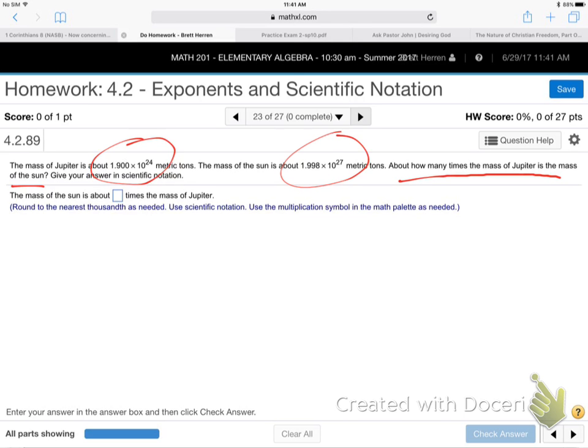Well, how do I do that? What am I supposed to do? What's that? Divide? What makes you say divide? How many times? What do you guys think? Is that right?